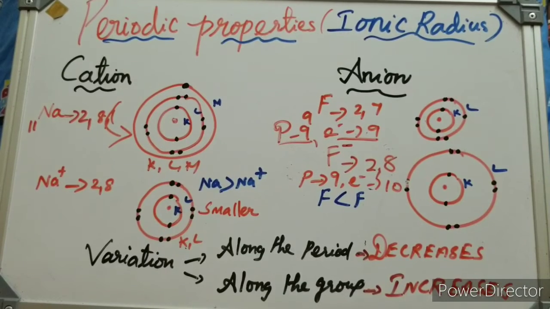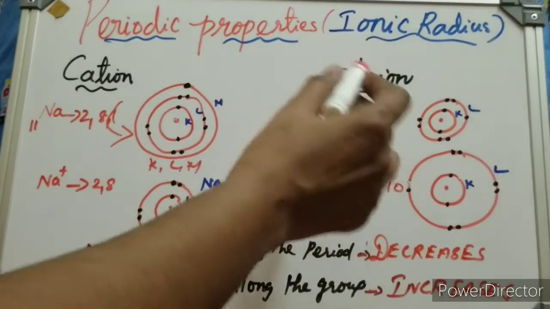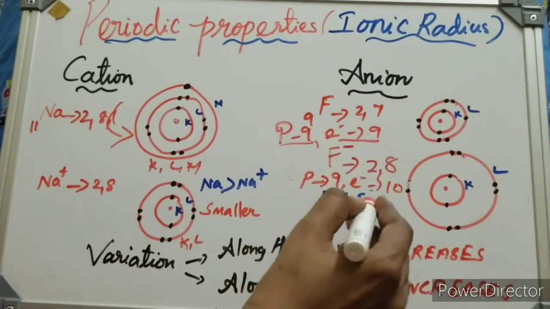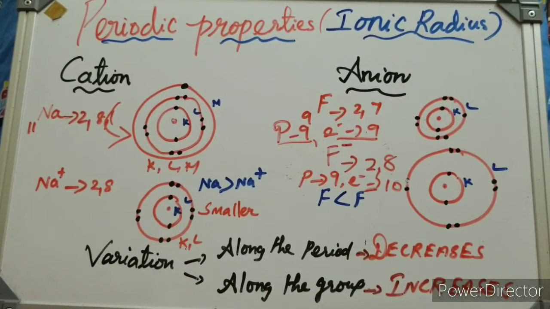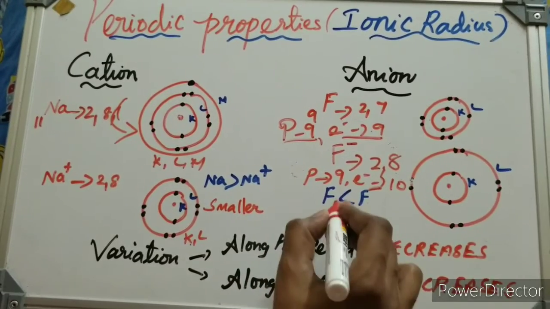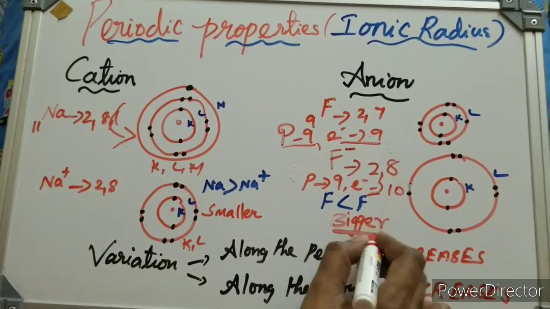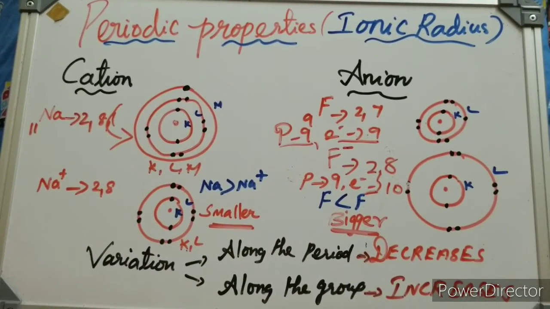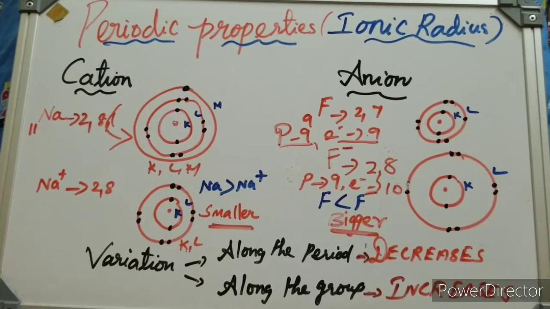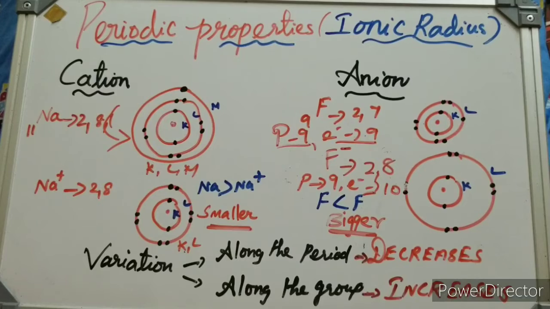The protons are not able to attract all 10 electrons, so the size is bigger. So in general, compared to the neutral atom, the anion F minus is always bigger in size. Anion size is always bigger and cation size is always smaller compared to the corresponding neutral atom. So this is about the size of the cation and anion.